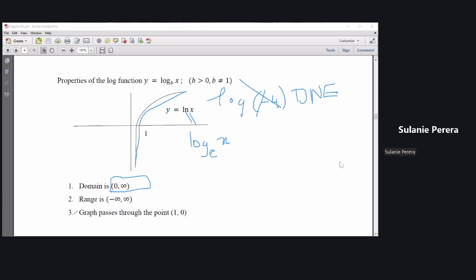However, the range, that is the y values, the answers that you get over here, can be negative. So it ranges from minus infinity to infinity. The domain, that is the x values, can't be negative, and also it can't be 0. Why can't it be 0?